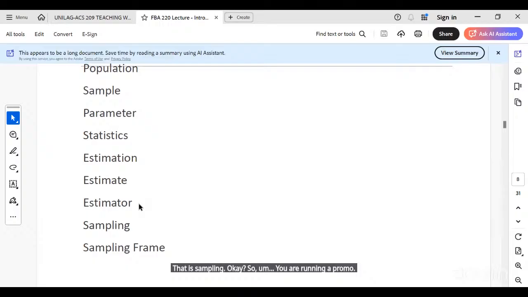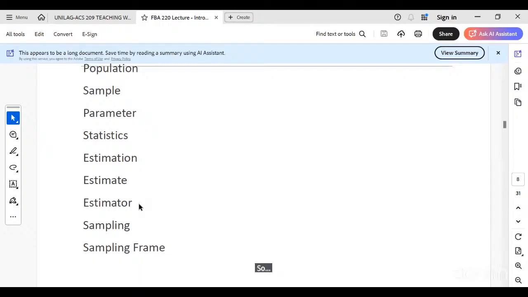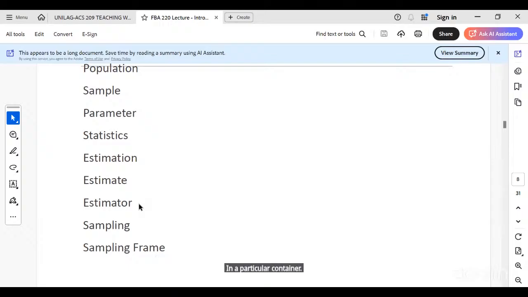Okay, so you are running a promo. You want to increase your volume of sales, and you feel running a promo will make more customers go after your product. You have assured your customers that once you buy this product, you are entitled to winning a prize. So the entries that will enable you to win the prize have been dumped in a particular container, and you want to do your selection.